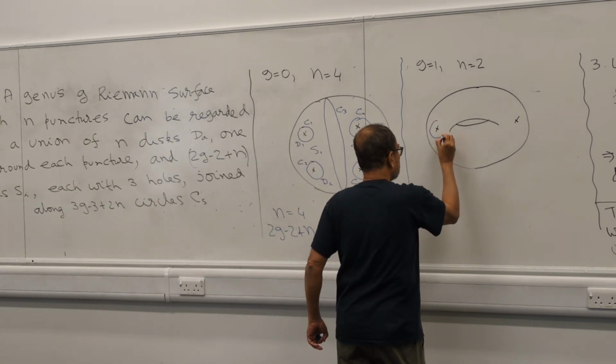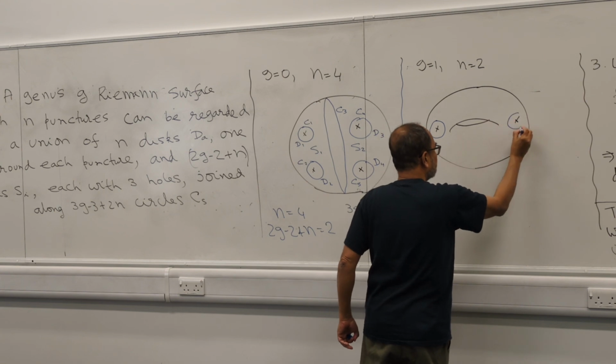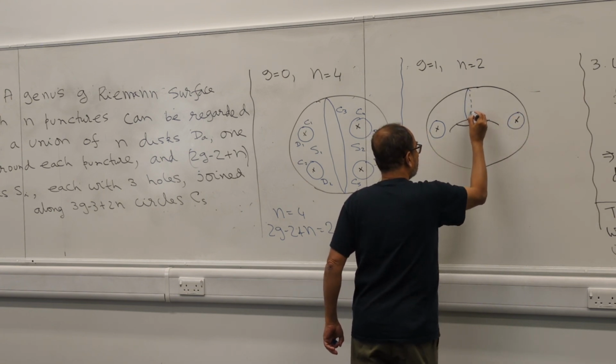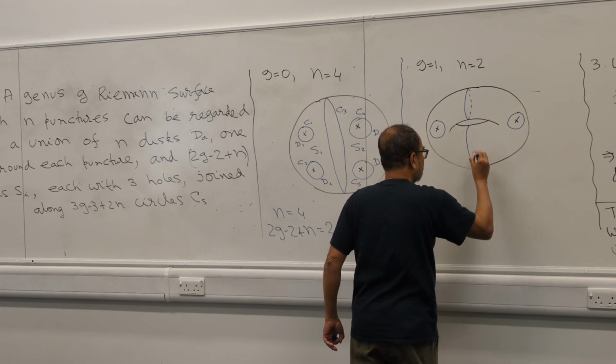So we draw discs. Okay, and to create a sphere with 3 holes, we have to cut it here.